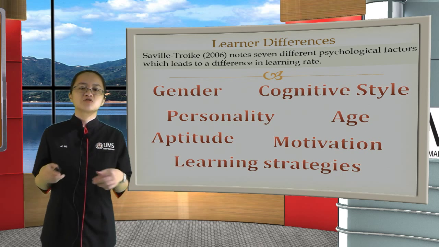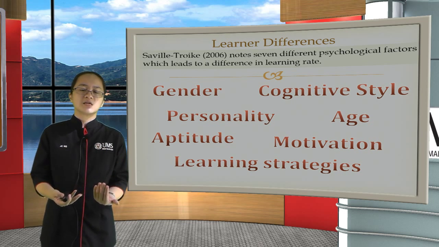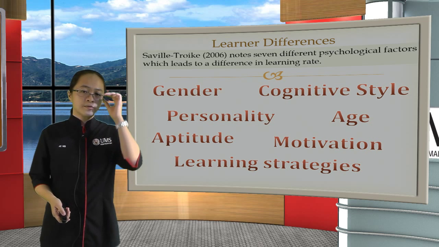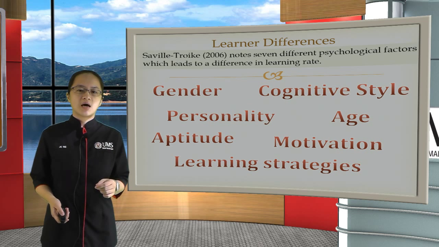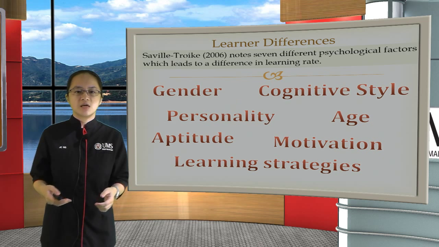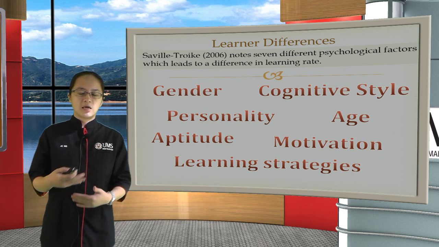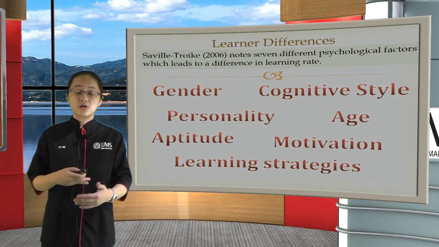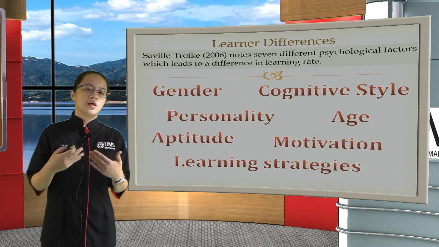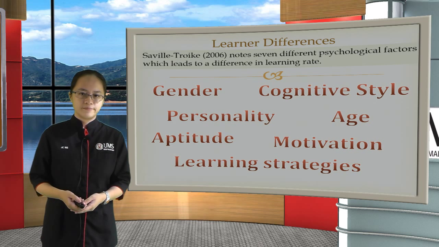And finally, learning strategies taken in by the learners themselves to actually learn that particular language. These are not taught, rather these are strategies undertaken by the learners themselves in an environment automatically to help themselves communicate or to ensure there is no gap of communication between the speaker and the listener.